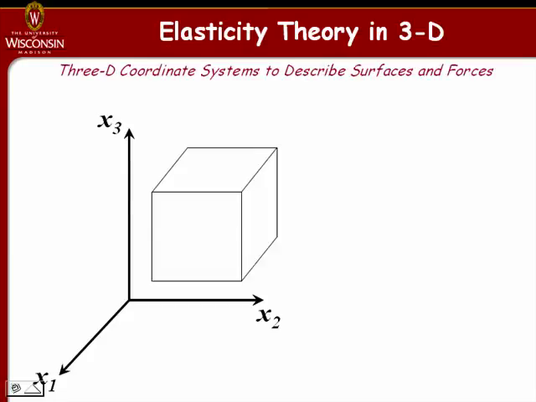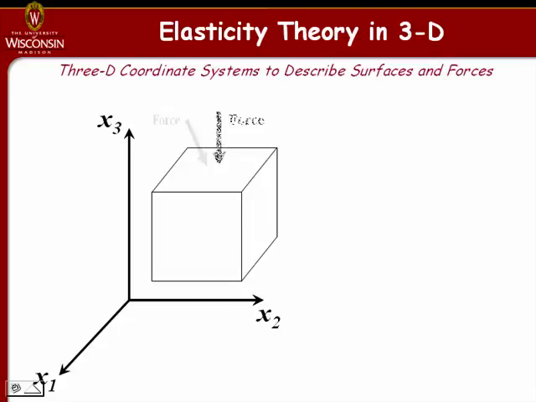So the next step is to consider an object in that coordinate system. And again, to keep things simple, we'll describe a simple box. Align the sides of the box with the coordinate system that we just defined, and now we have surfaces that are defined by our coordinate system. We're interested in forces, so let's consider a force on one of those surfaces. Now, the general case is not to have a force perpendicular to the surface.